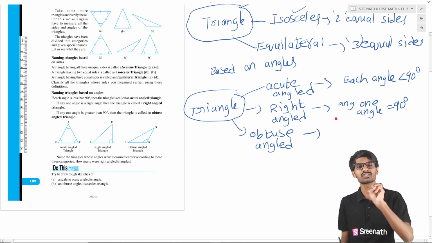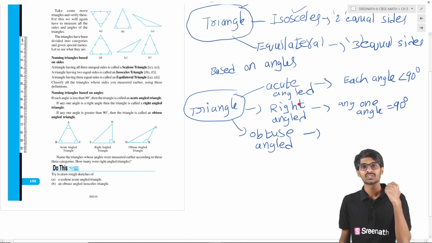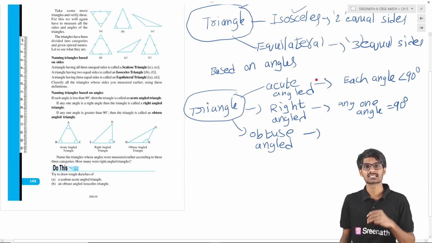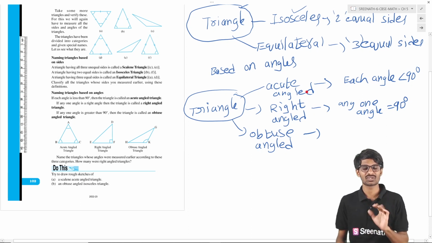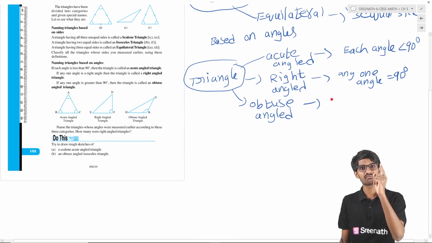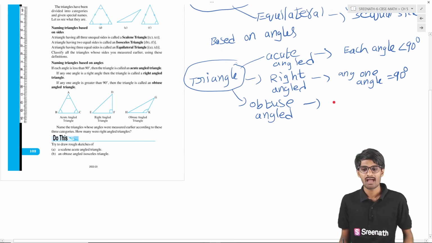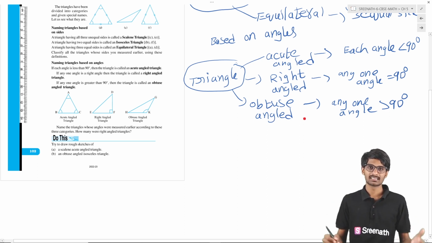If any one of the three angles is equal to 90 degrees, we say that it is a right angled triangle. If every angle is less than 90 degrees, it is an acute angled triangle. What is an obtuse angled triangle? There are three angles, and if any one of them is greater than 90 degrees, we say that it is an obtuse angled triangle, students.